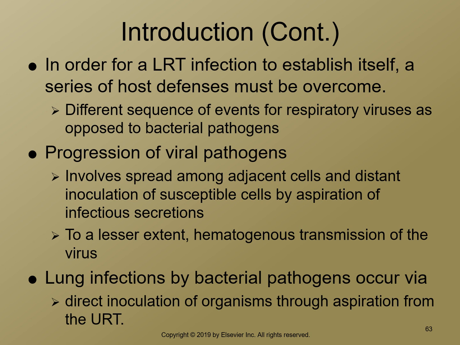The progression of viral pathogens from the upper to lower respiratory tract is a process that involves spread among adjacent cells and distant inoculation of susceptible cells by aspiration of infectious secretions and by spread through the bloodstream as well. Lung infections by bacterial pathogens usually occur by direct inoculation of organisms through aspiration from the upper respiratory tract.